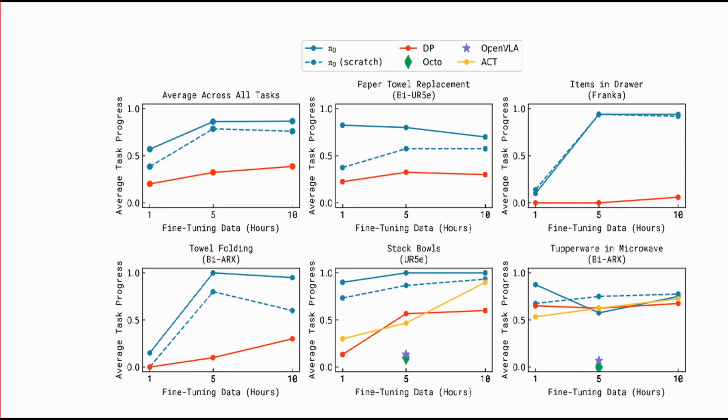Now, as expected from a foundational model, fine-tuning for a task does lead to better results than training for that same task with a model made from scratch. DP here stands for diffusion policy, and ACT is another similar action generation transformer. These models are task-specific so that they can only generate actions for one task that they have been trained on.